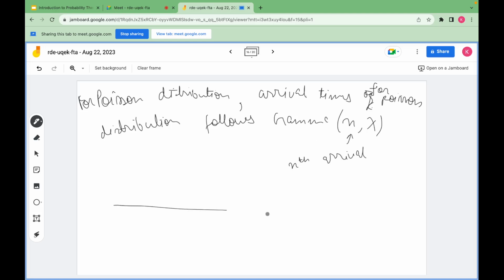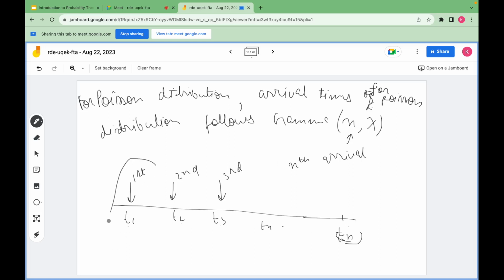What is Poisson? The first element arrives, then the second, then the third, at some times t1, t2, t3. So these t1, t2, t3, t4 and so on are distributed according to a gamma distribution with parameters n comma lambda. If we are asked for only the first arrival, then n is equal to 1.